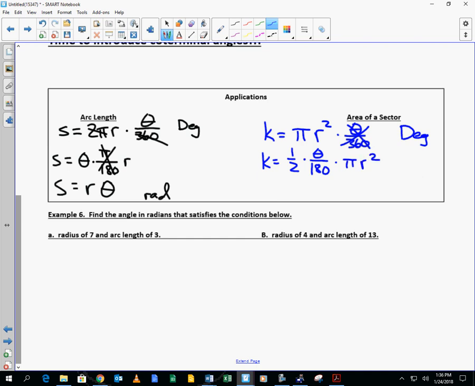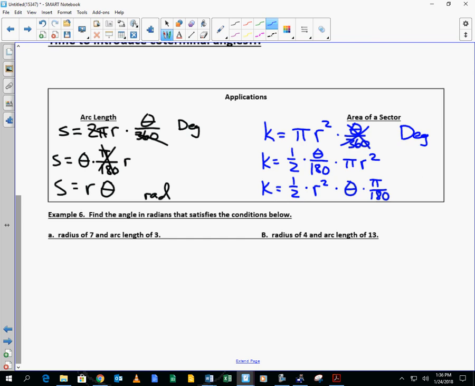I'm just going to use the commutative property of multiplication and say K is equal to 1/2 times r squared times theta times pi over 180. So I just put the pi up there, the theta on the side, it's fine.